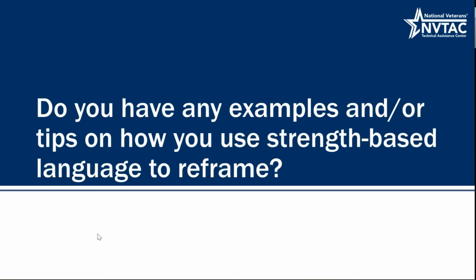In our program we use individual success plans, with strengths and resources identified, and we have a conversation with the client about what strengths they have going into this process and the resources they have, and also remind them that part of their resources is our organization and their other case management teams.